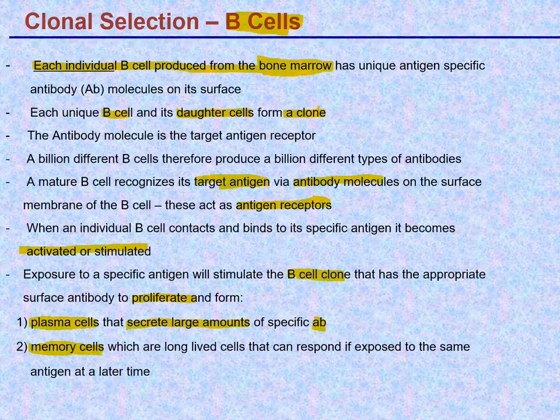This is why you don't get infected again with the same thing. This is why vaccination works. Because with vaccination, you're getting exposed to a safe form of an antigen associated with a microorganism, and you're generating memory cells. So the next time, if you get infected by the organism, instead of just a very tiny number of B cells that have the right receptor, you have lots of cells.